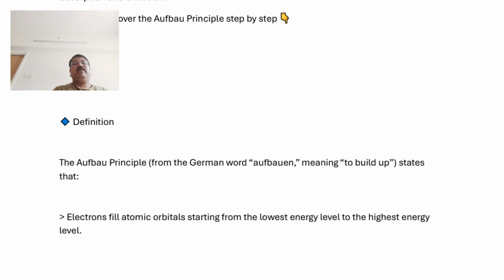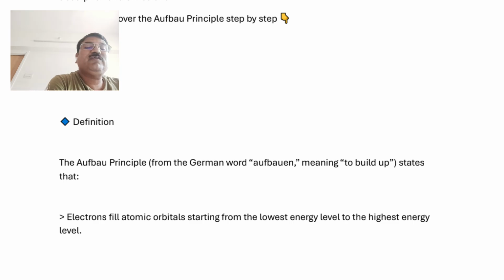So according to Aufbau principle, atomic orbitals are always filled by the electrons from lower energy level orbitals to higher energy level orbitals. This is a very simple statement of Aufbau principle. It never happens, according to this postulate, that an electron directly enters a p orbital instead of s.